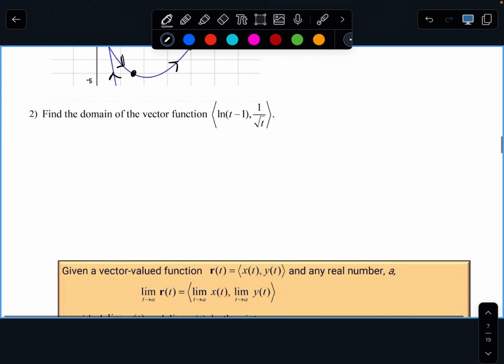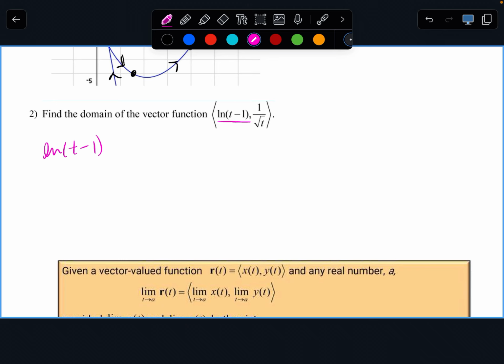All right, as far as domain goes, essentially what you do is you combine the two of what the domain would be for t. So you take this one.